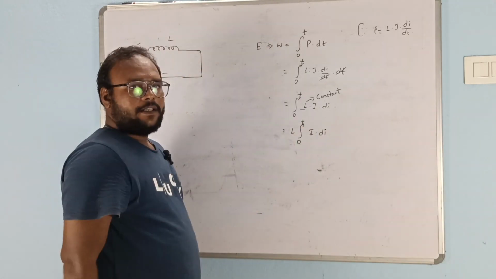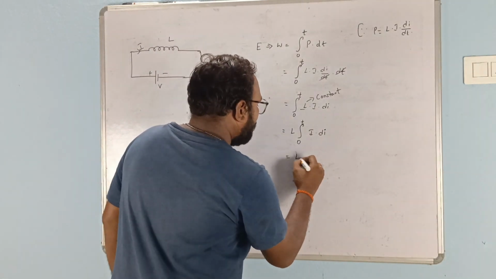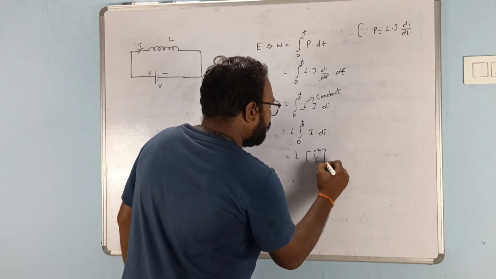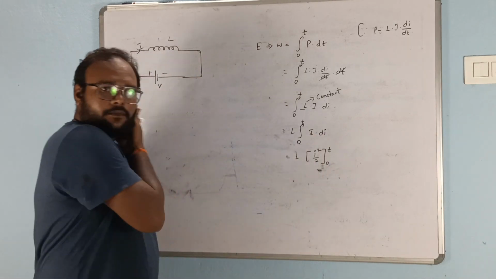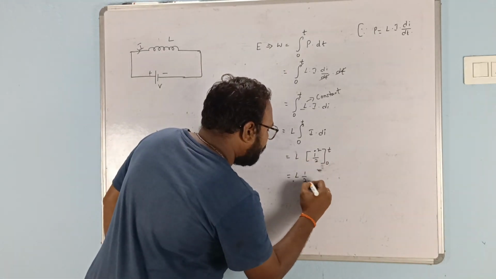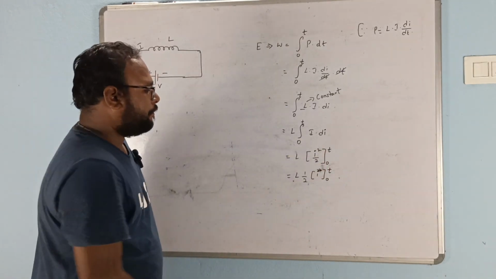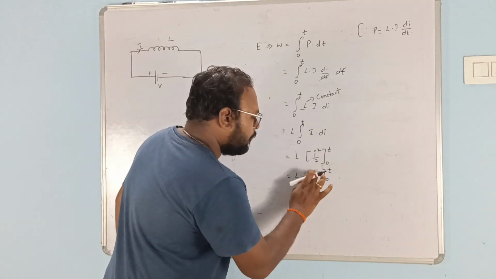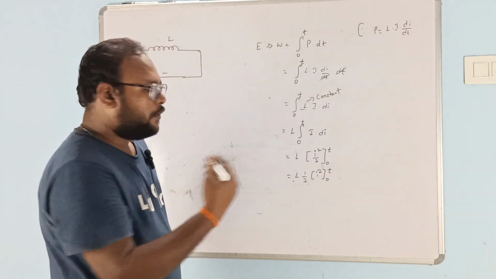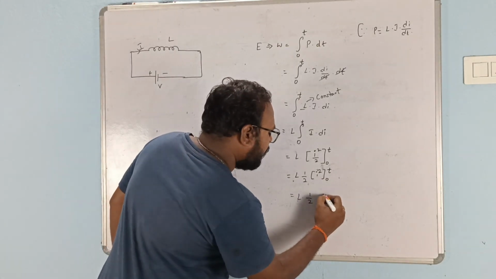Now by expanding this integration, we get L into I square by 2 from 0 to t, that is L into half I square.